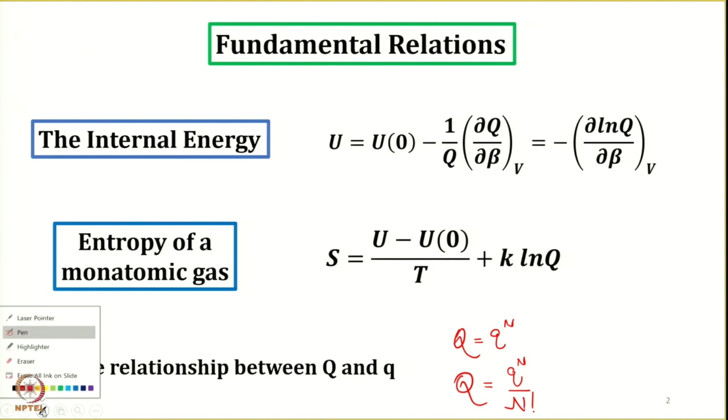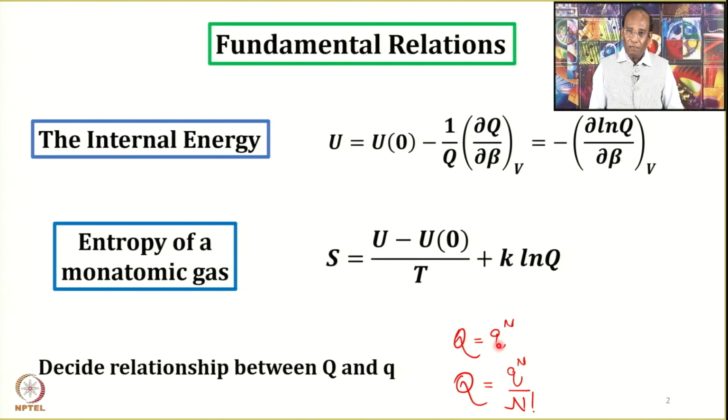If it is distinguishable, we will use Q is equal to q to the power N. And if the molecules are indistinguishable, we will use Q is equal to q to the power N by N factorial. By keeping this in mind, now let us move forward in deriving the relationships between canonical partition function or molecular partition function with pressure.